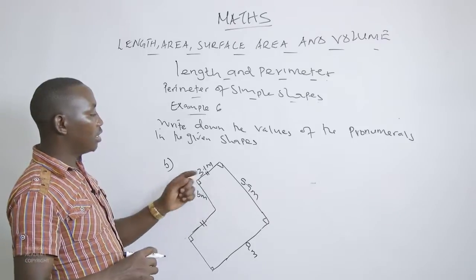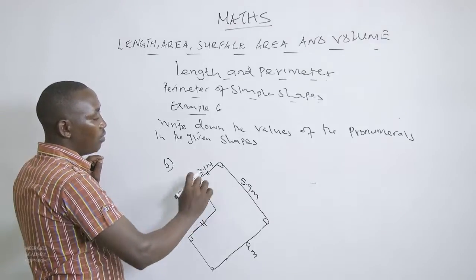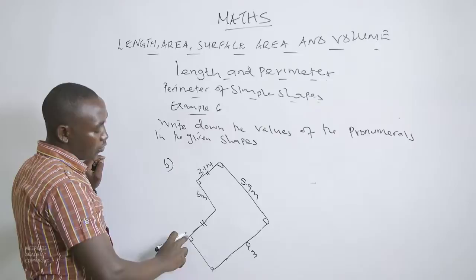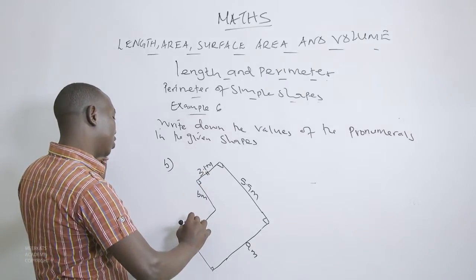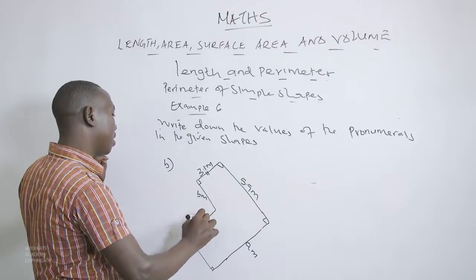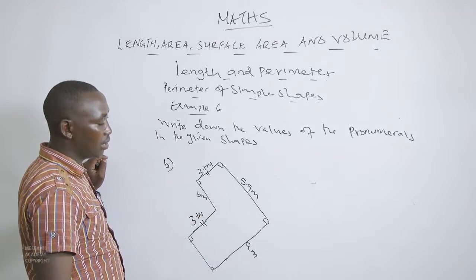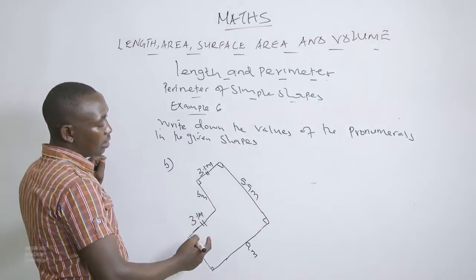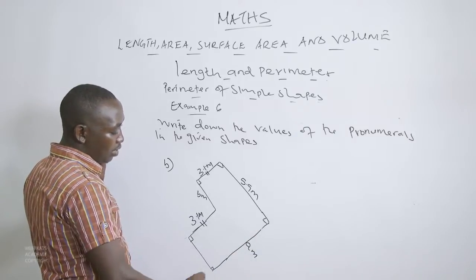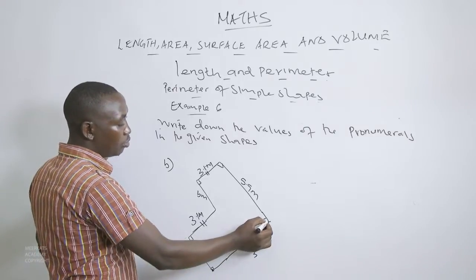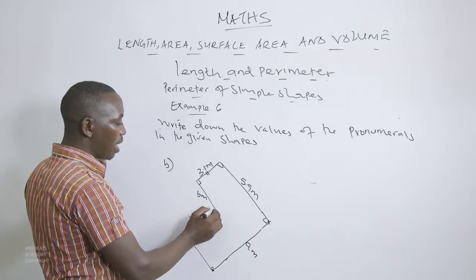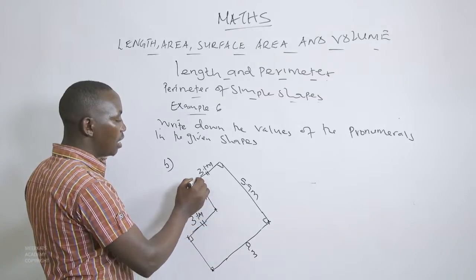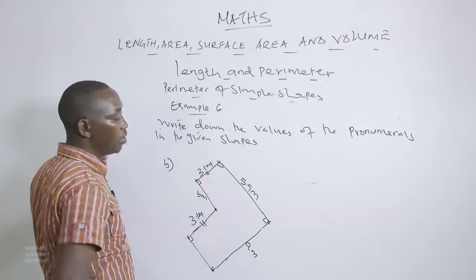Now beginning with this equality, given that from this point to this point is equal to from this point to this point, if this is 3.1 meters, we can also say that this is 3.1 meters. Now we will begin with A. From this particular point to this particular point should be equal to the 2 points from here up to here added to from here up to there.